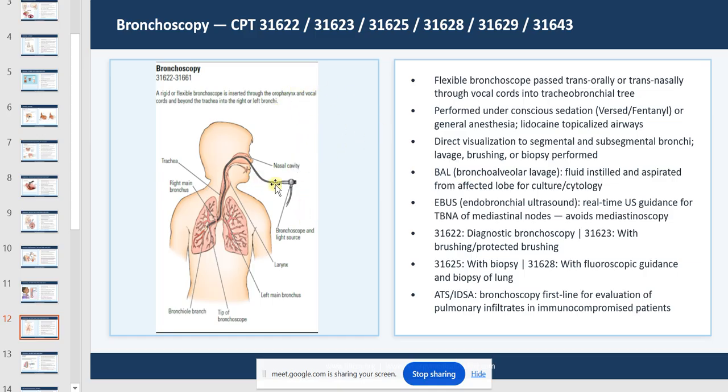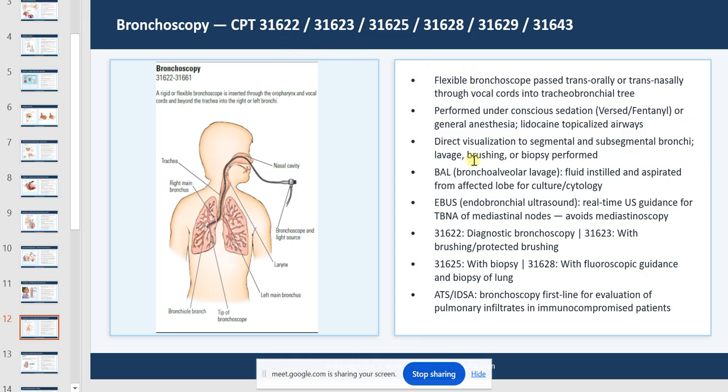Like all endoscopy procedures, bronchoscopy is of two types: diagnostic bronchoscopy and surgical bronchoscopy. The code range is 31622.